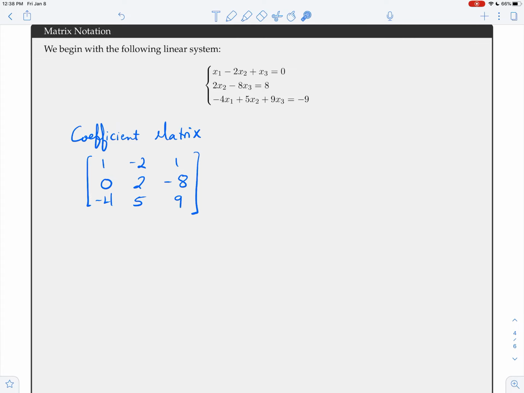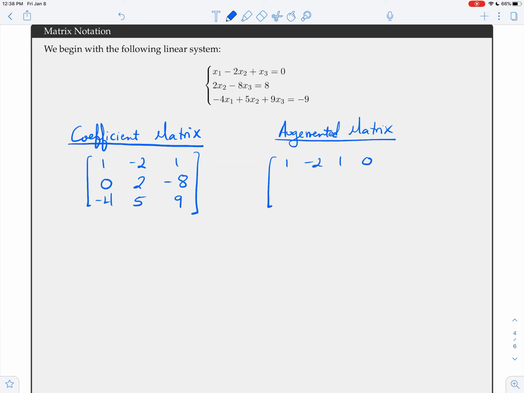It doesn't capture the entire system, and for the entire system we're going to want to use the augmented matrix. The augmented matrix is the same matrix as the coefficient matrix, you just add a column. So you take the coefficients, 1, minus 2, 1, but then you make another column with the constants.